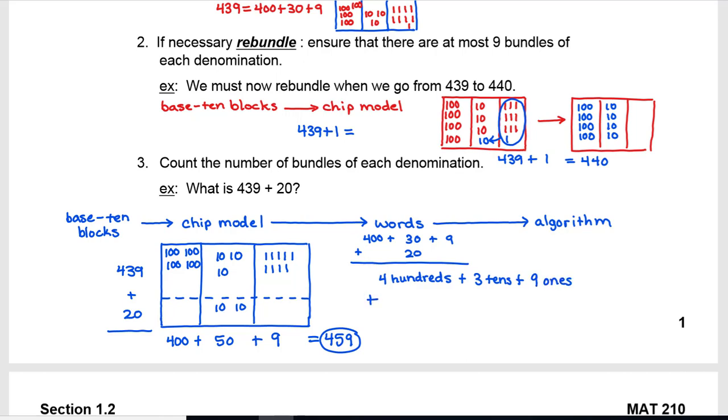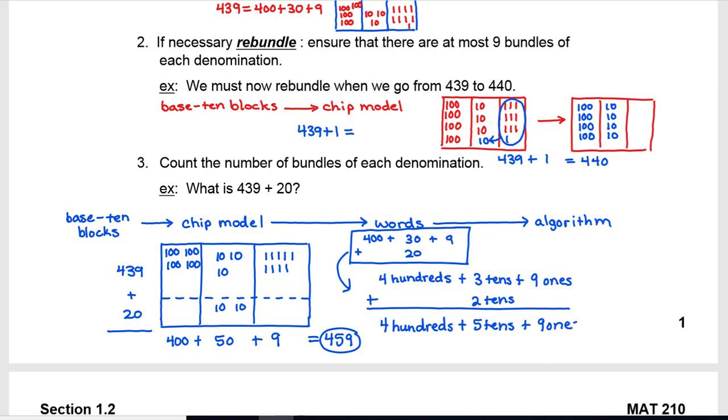And what you're going to add to it is 2 tens. All right, so this becomes 4 hundreds plus 5 tens plus 9 ones, or 400 plus 50 plus 9 is equal to 459.